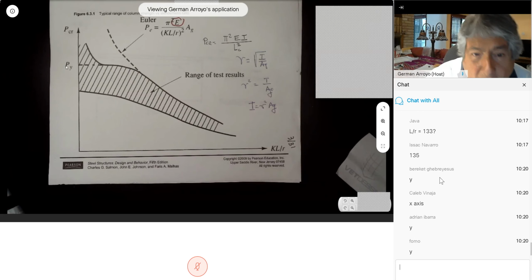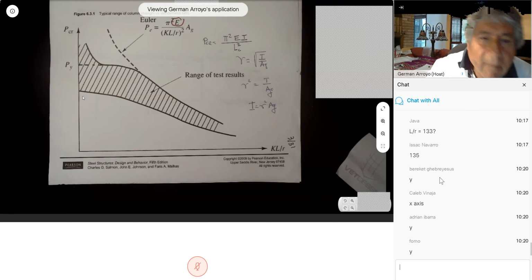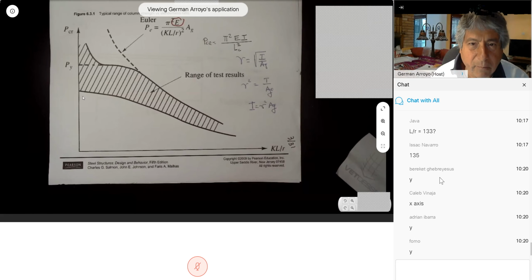Why? Because now we do know that whenever we have a small value of KL over r, when you apply a compressive force, a portion of the cross section has already yielded. A portion of the cross section is inelastic. A portion of the column cross section already got to Fy or past Fy.